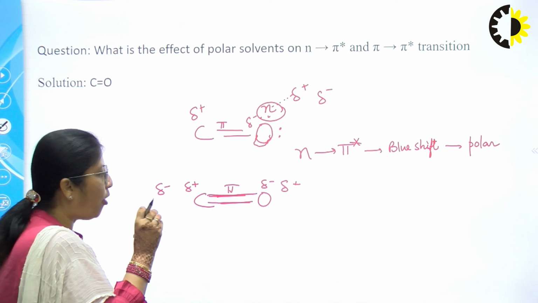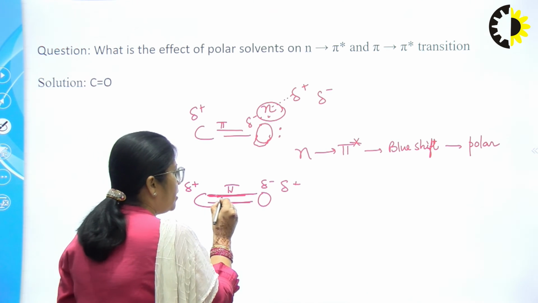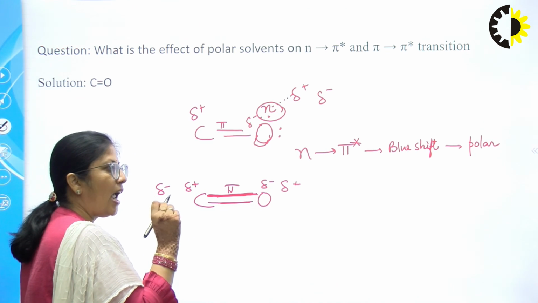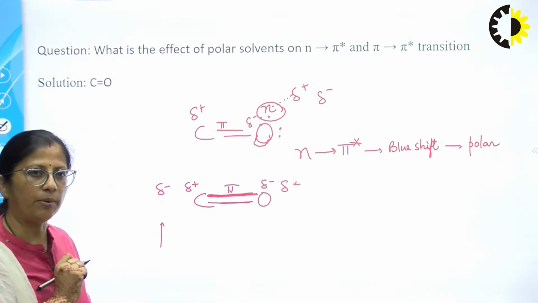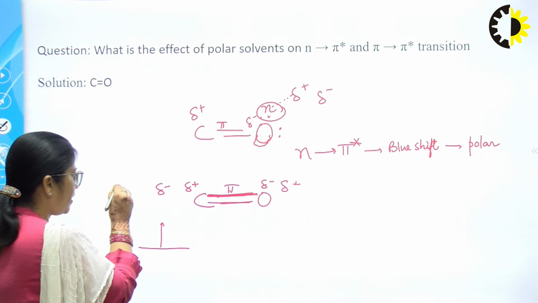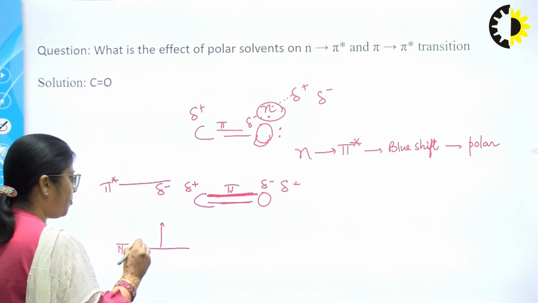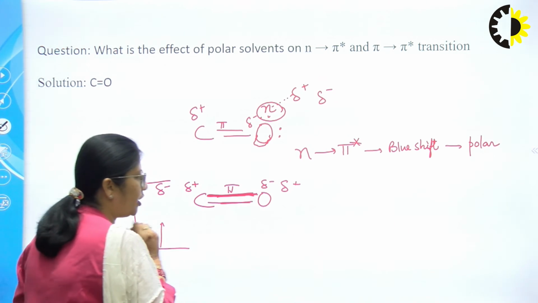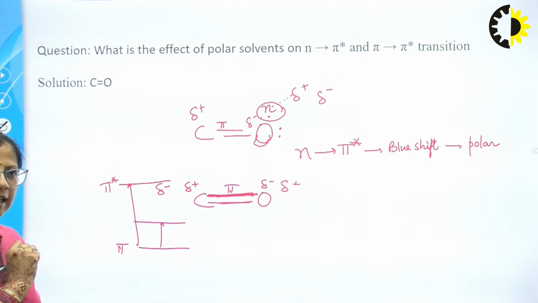When the bond gets expanded, the stability of the bond decreases, and when the stability decreases, the energy automatically gets elevated. When it was stable, it was at this energy level, and for the pi to pi star transition, suppose we required this energy, but when it is in a stretched condition, the energy of the pi orbital has already increased.